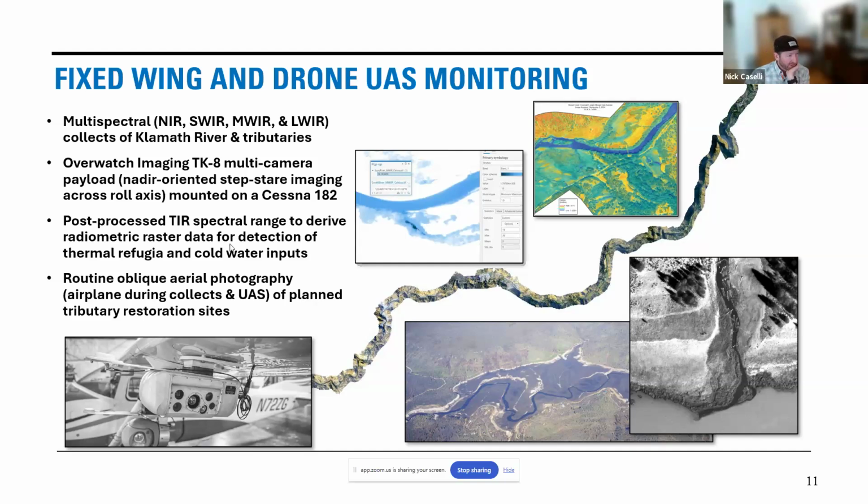This platform is nice because it doesn't necessarily generate survey grade data. It was designed for mapping wildfires. So the level of precision and detail isn't as good as what we have on our 208, but it gives us really good higher level reconnaissance data.